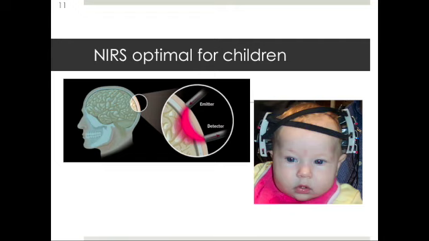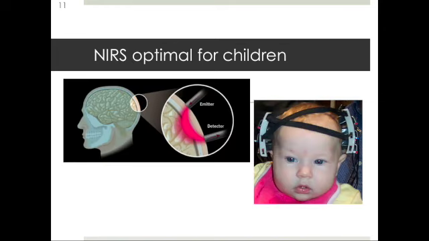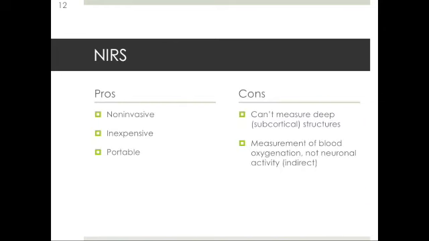But for NIRS, the baby can move around a little bit and still get these pairs of emitters and detectors detecting their proxies for brain activity relatively well. And so it's relatively non-invasive, it's inexpensive, it's relatively portable, as you can see in this NIRS setup here.